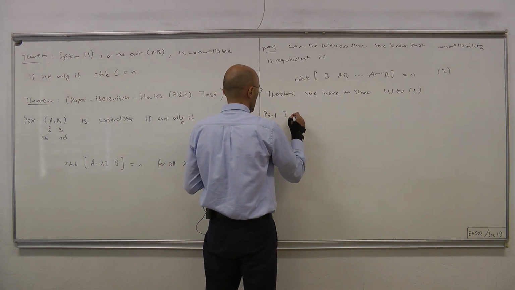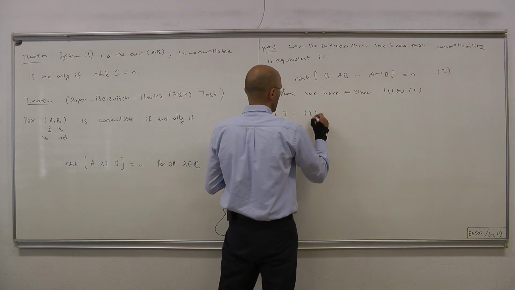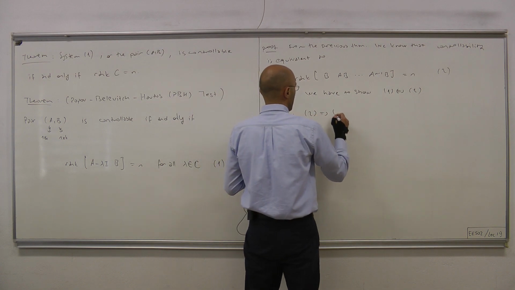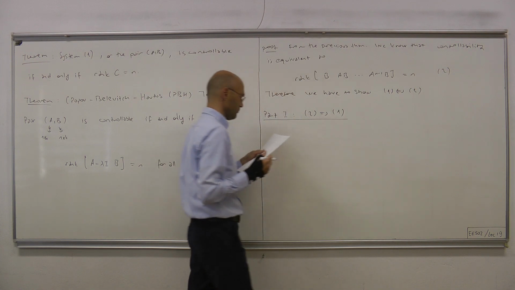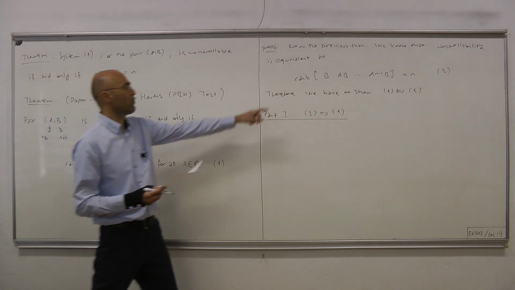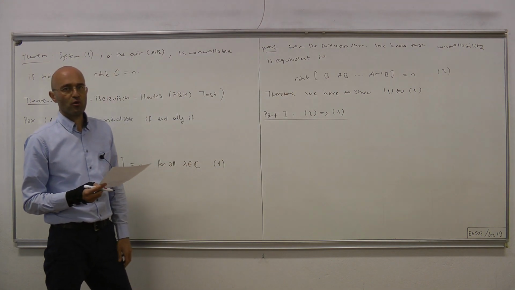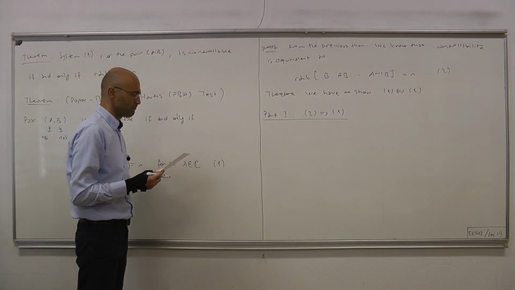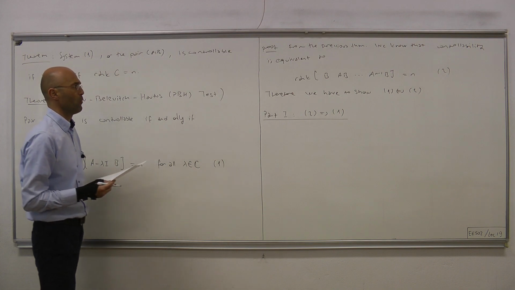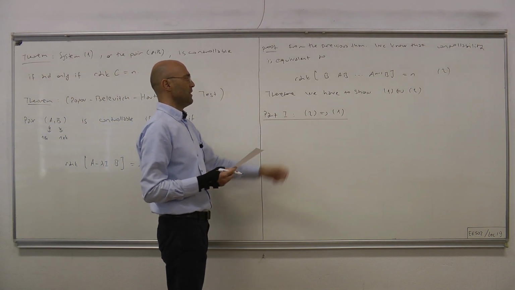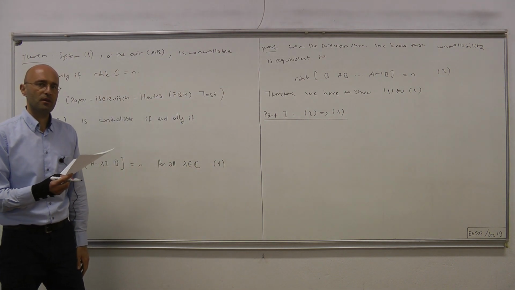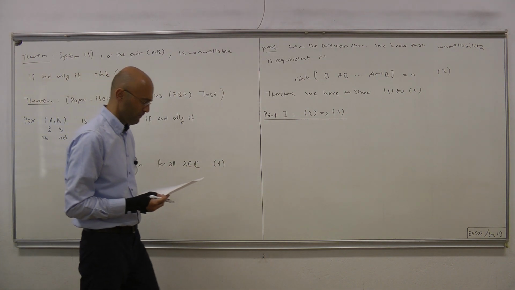Part 1 is where we show 2 implies 1. If this condition in terms of the controllability matrix is satisfied, then 1 must hold. That's a little bit easier than showing the reverse direction, so let's start with the easy piece.